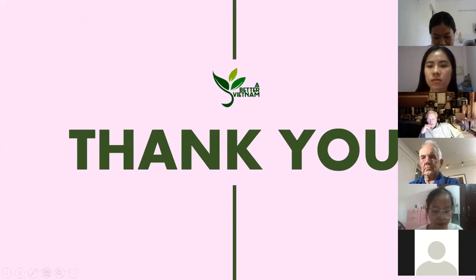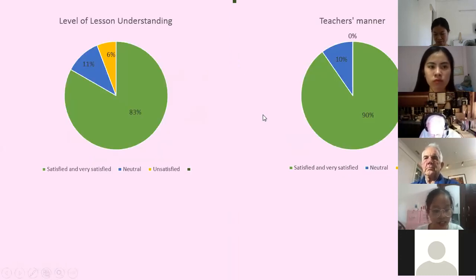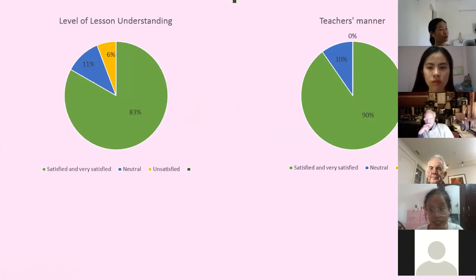So we also collected some opinions of the students about a couple of proper solutions for these problems. About the teaching method, some of the opinions are maybe at the beginning of the very first lesson, the teachers can ask the students and encourage them to indicate what skills they want to focus on or in what way they want the lessons to happen.